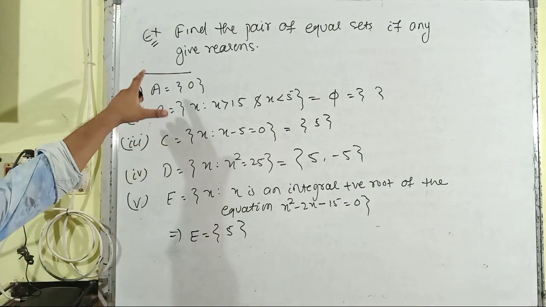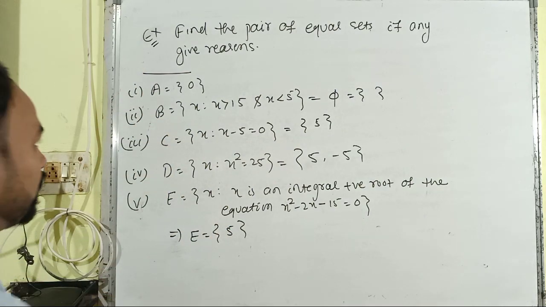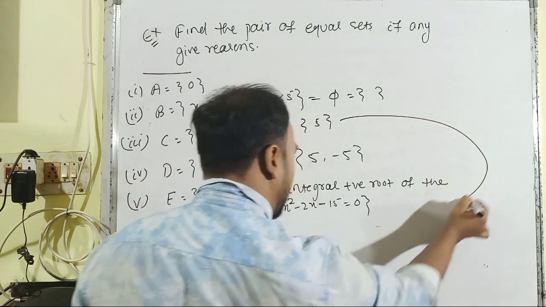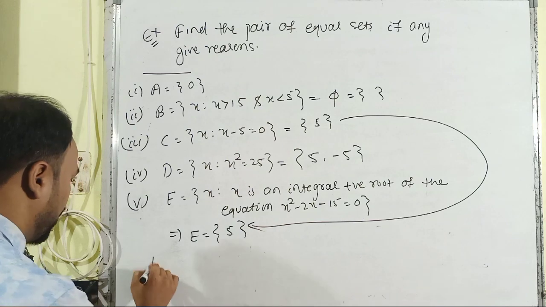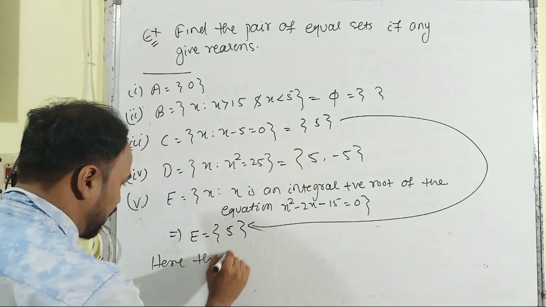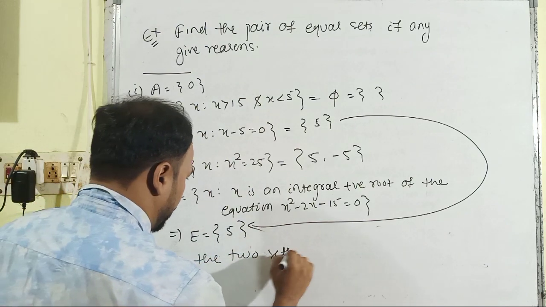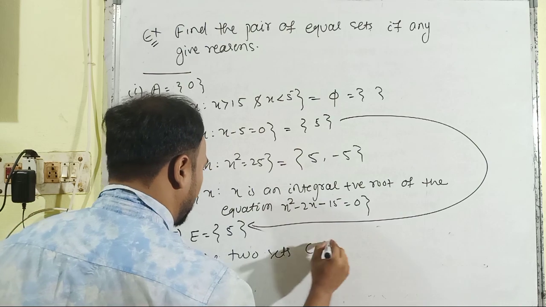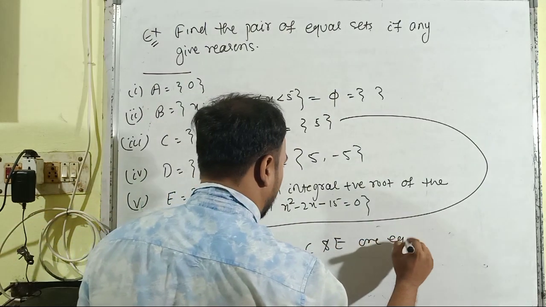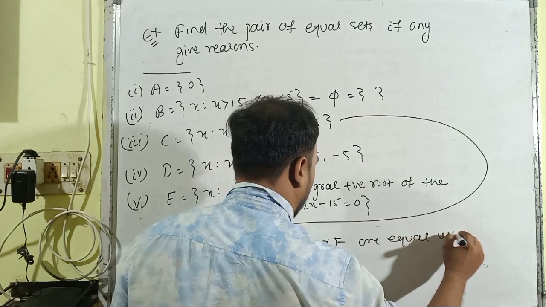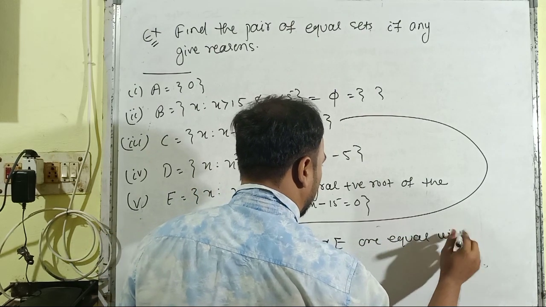So out of the 5 sets, you can see that the C set is equal to the E set. That means the two sets C and E are equal with each other.